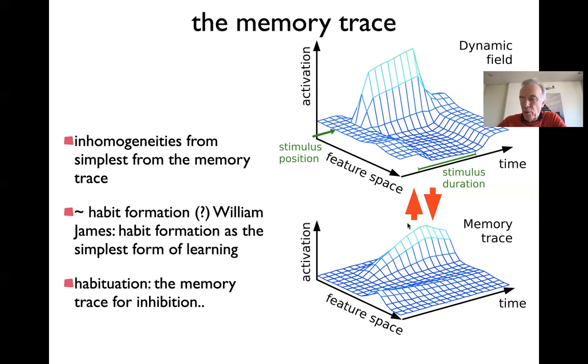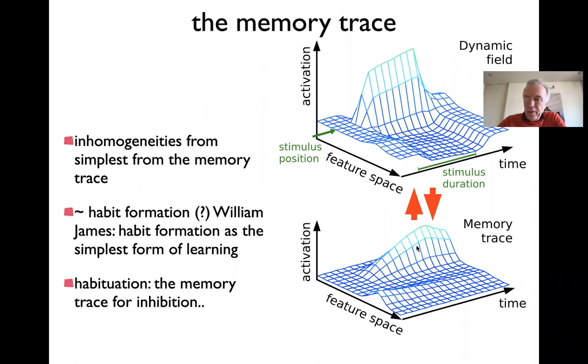So the buildup here would be the buildup of a memory trace at that location. And that memory trace would conversely act in an excitatory fashion back onto the field and create the pre-shape, that pre-activation or base activation. It might not be by itself enough to sustain a peak, but it will be a bias input to the top field.